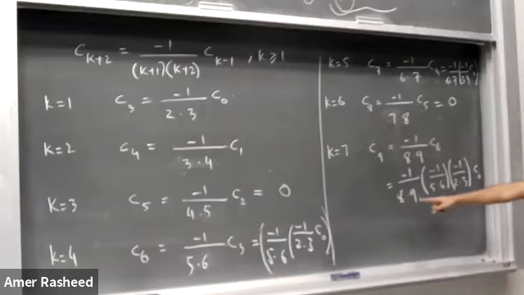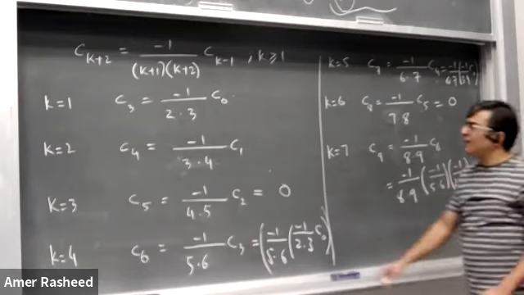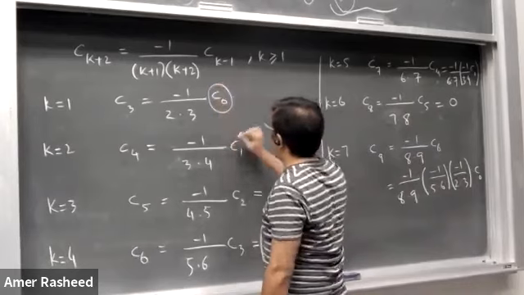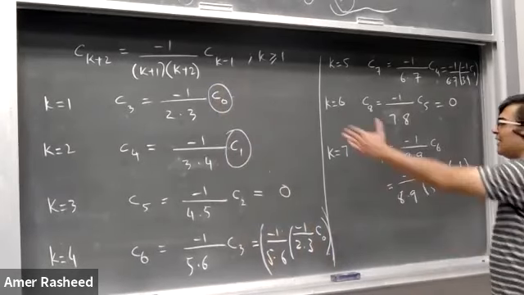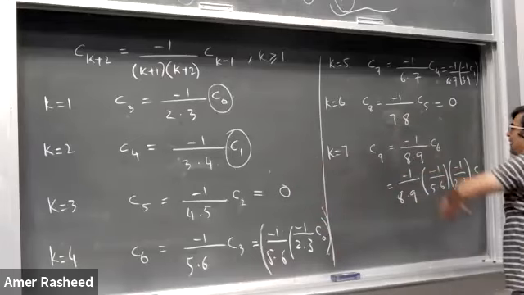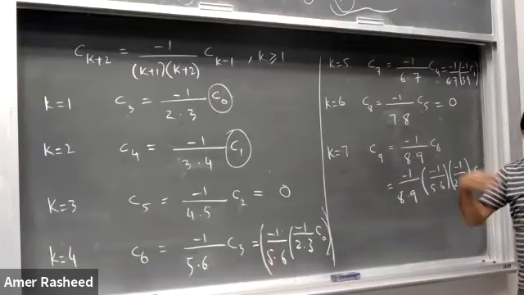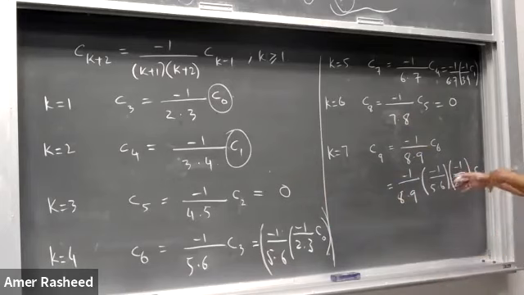You can see these terms are increasing. Now what is in fact unknown here? C0 and C1 are unknown. All the other remaining coefficients will be in terms of C0 and C1. You can write more coefficients here, and then we'll try to generalize them.